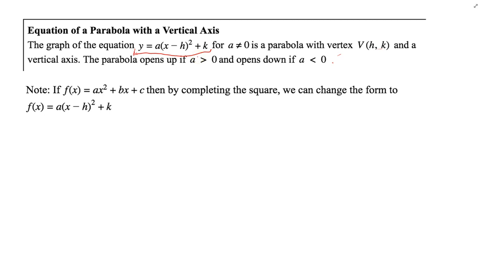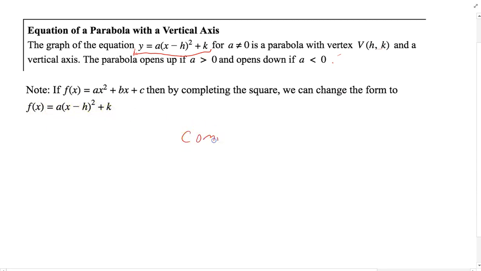Now, if f(x) = ax² + bx + c, then by completing the square, we can change the form to f(x) = a(x - h)² + k.